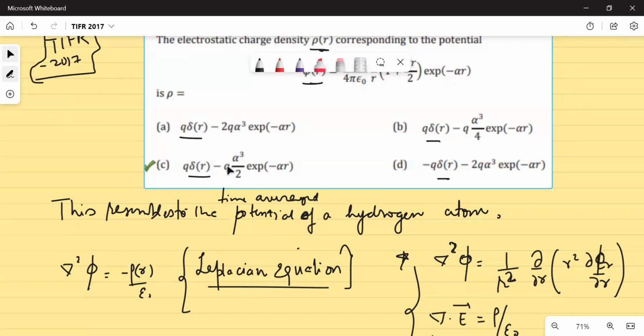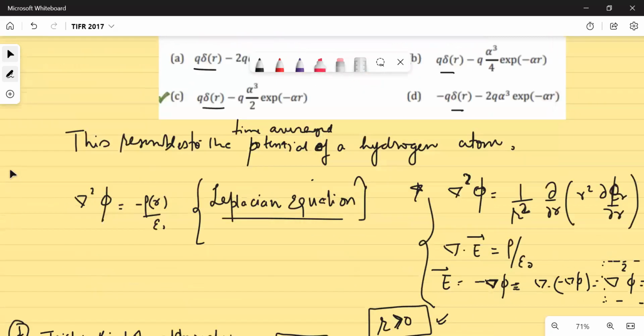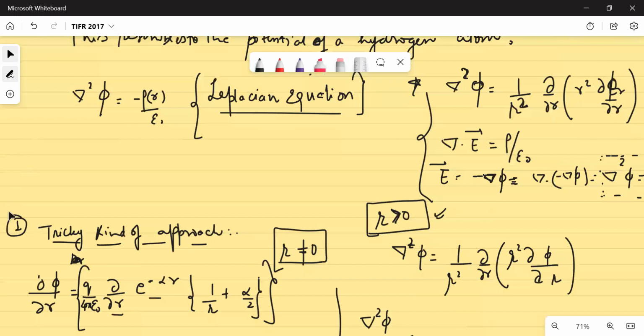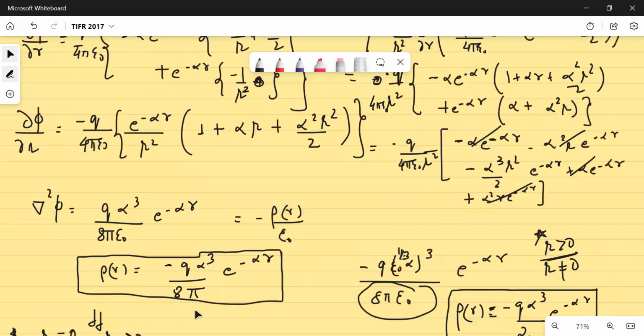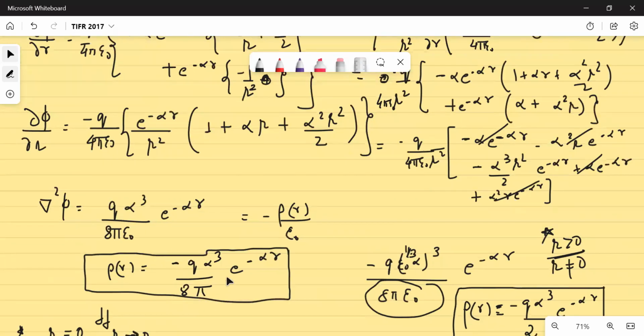So the most probable answer that I see, the other cannot be an answer for sure because you do not have a negative charge at the center. This cannot also be it, because see what is happening is, if you try to write this in 4 pi epsilon naught, then you only have this 8 pi epsilon naught here. So 8 pi epsilon naught is 2 times your 4 pi epsilon naught. So in any case, you can write this as 2 in CGS, or you can just multiply epsilon naught below and then try to write this in CGS.